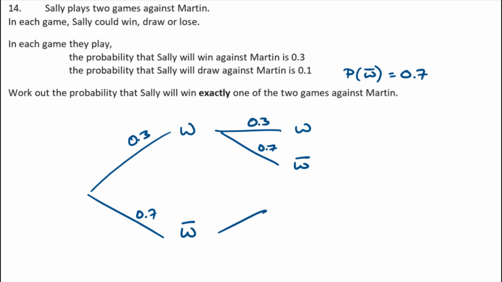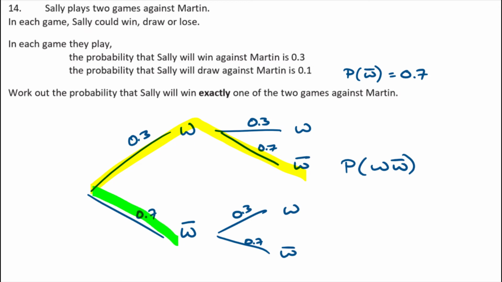This is independent, so all the branches are going to be kind of equal to each other, aren't they? They're going to be the same. Okay, so then the winning exactly 1 is going to be the probability of win, not win, plus the probability of not win, win, isn't it?